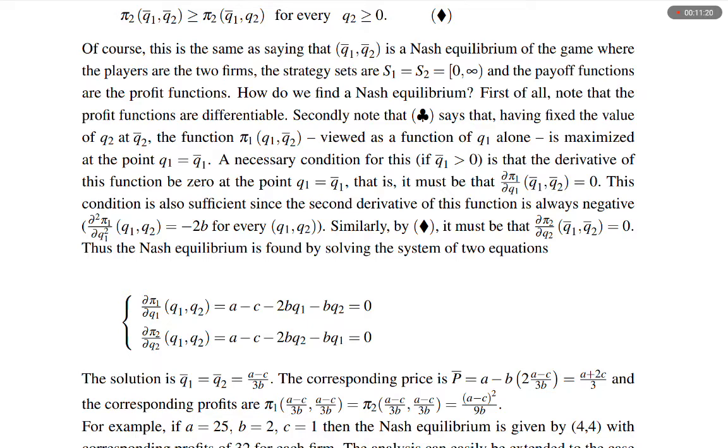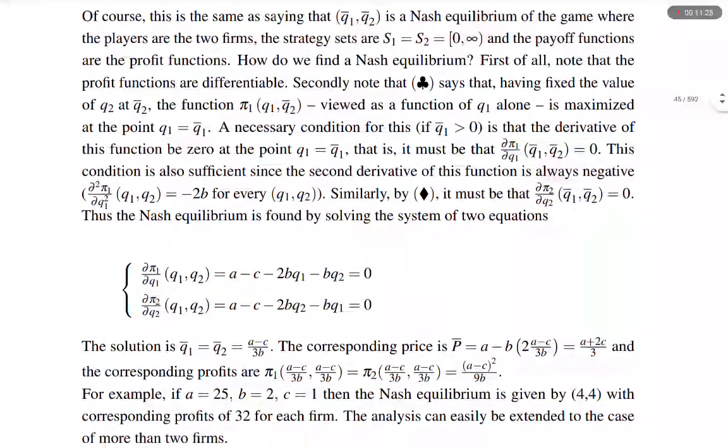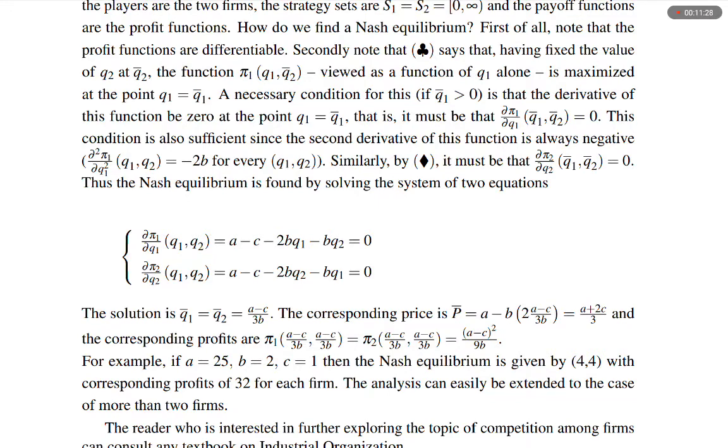Secondly, note that the club says that having fixed the value of q₂ at Q̄₂, the function π₁(q₁, Q̄₂), viewed as a function of q₁ alone, is maximized at the point q₁ = Q̄₁.